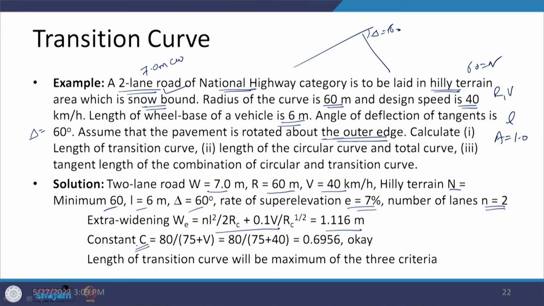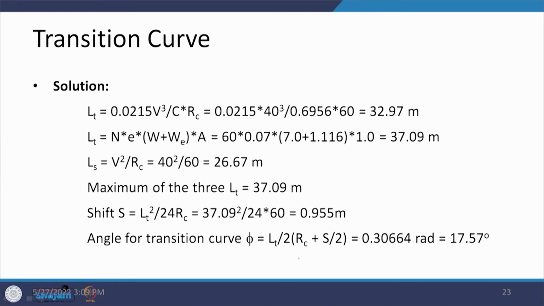The constant C, which is 80 divided by 75 plus V, comes to 0.6956, which is again okay, because it falls within 0.5 and 0.8. Once we have all the things in hand, let us calculate the values by the 3 criteria. The length by the first criterion is 32.97, by the second criterion 37.09, and by the third 26.67.